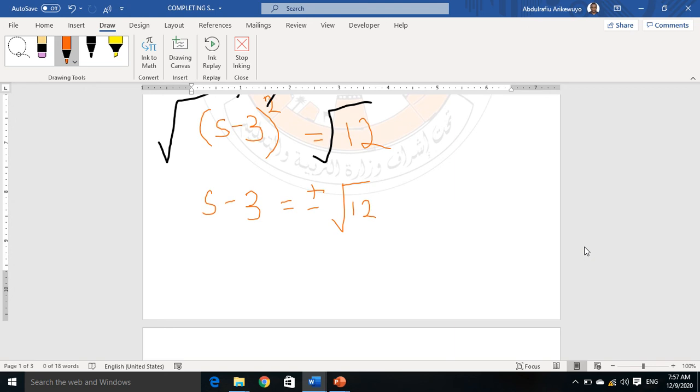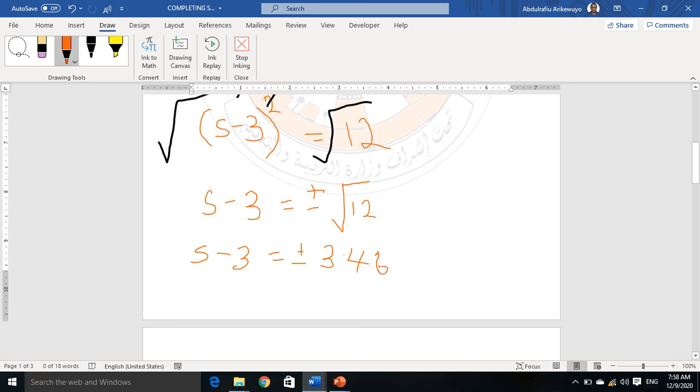If you do that, you will see that your answer is 3.46. So I have my s minus 3 is equals to plus or minus 3.46, right? Yes, 3.46. Good.